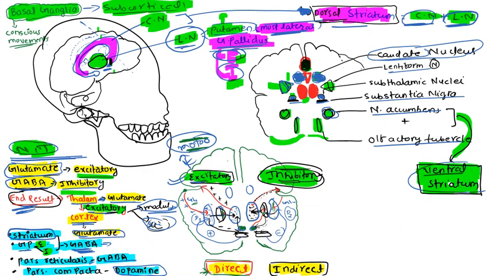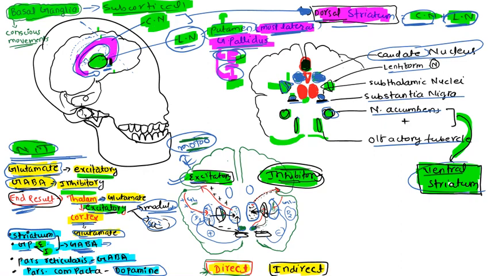So globus pallidus internus is now more excited, so this is the more excitation through the subthalamic nuclei.